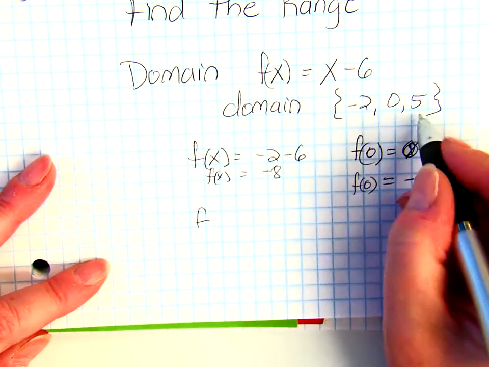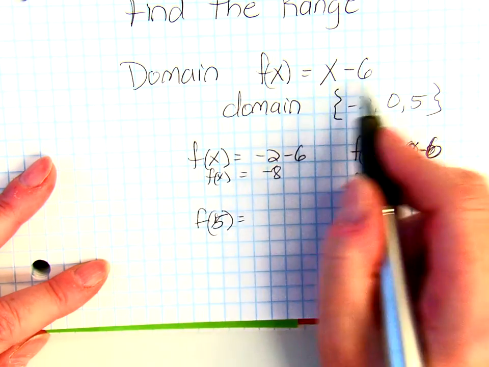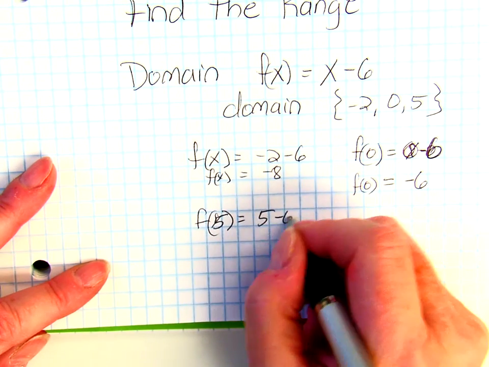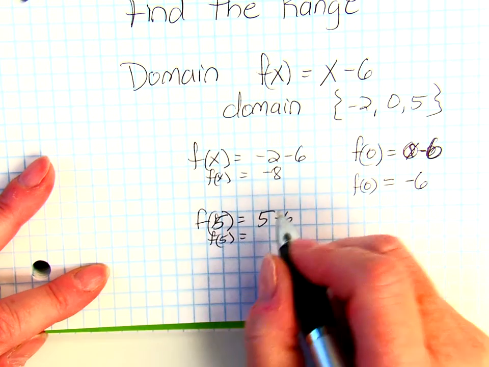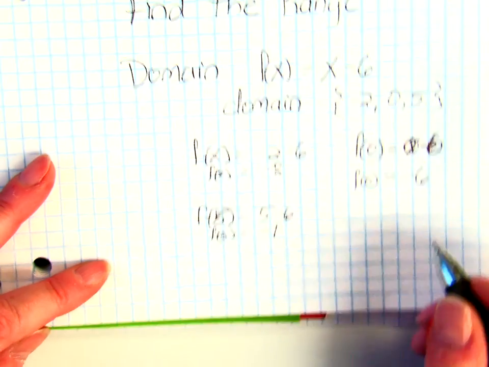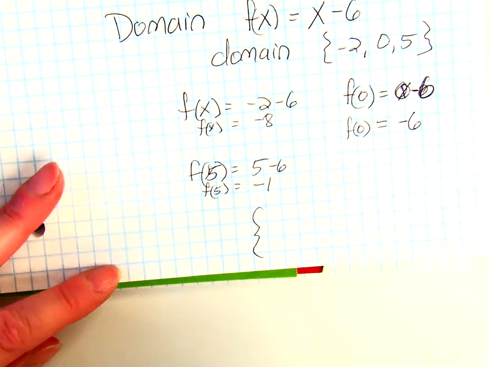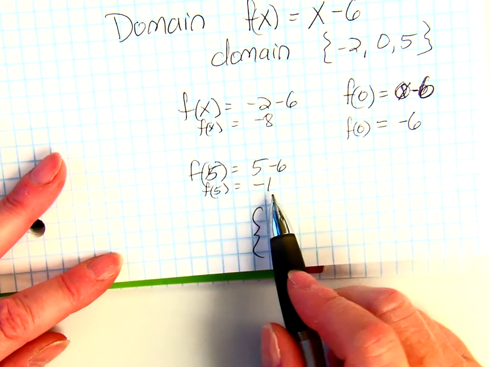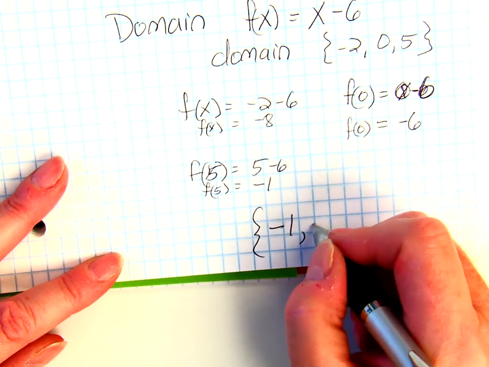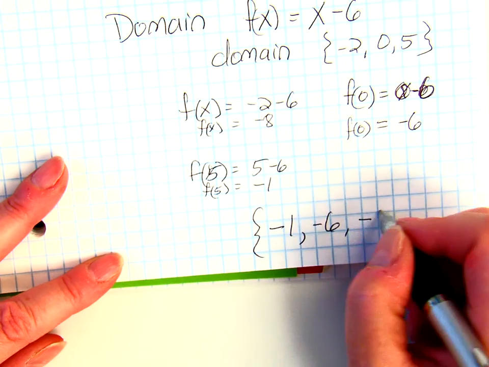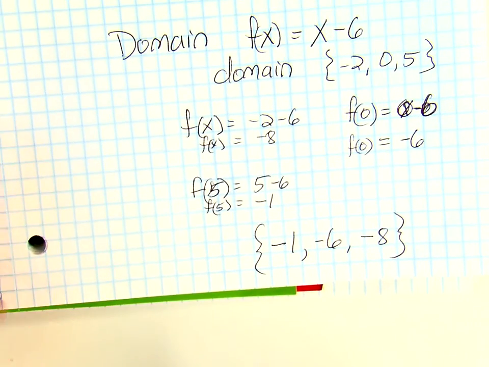And then I also have the function of 5, x minus 6, so that's 5 minus 6. And so function of 5 is equal to 5 minus 6, negative 1. So now I just go back and I do the same thing with my range, and I say I've got negative 1, I've got negative 6, and I've got negative 8. And that is my range.